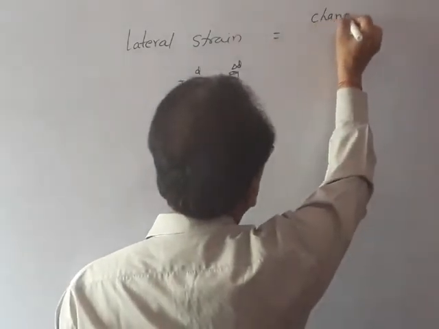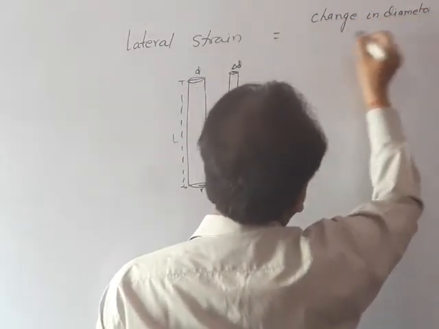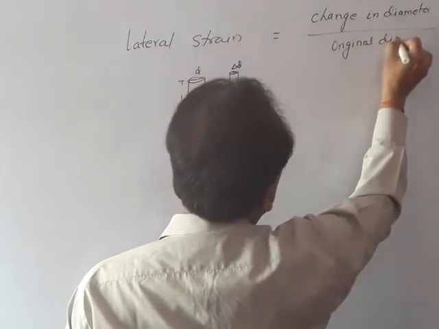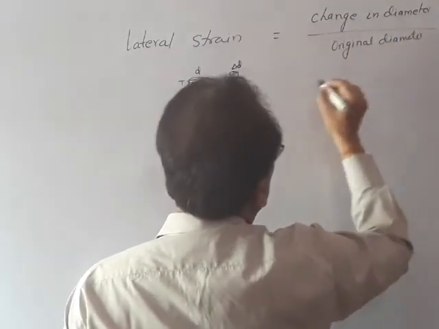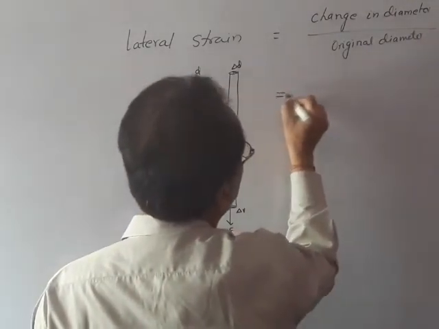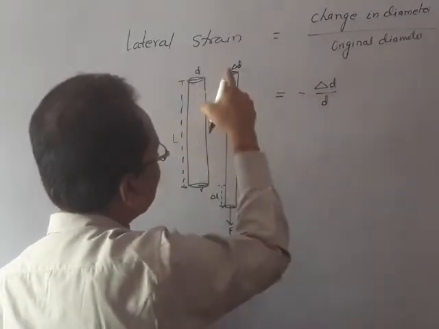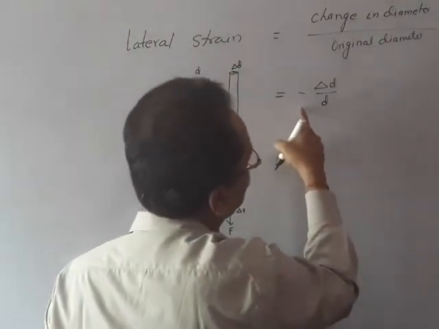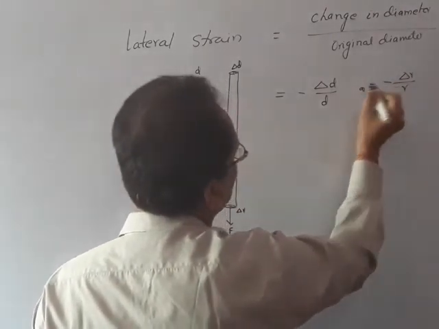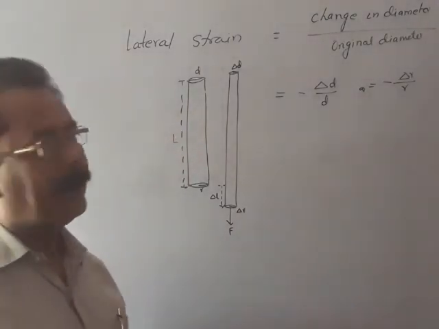That is, lateral strain is change in diameter by original diameter, or del D by D. As the diameter decreases, a negative sign should be given here, or we may write minus del R by R. So lateral strain is the ratio of change in diameter to original diameter.